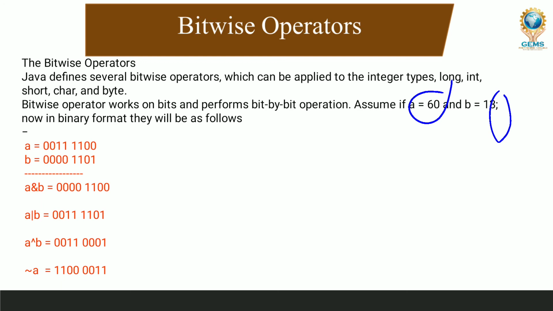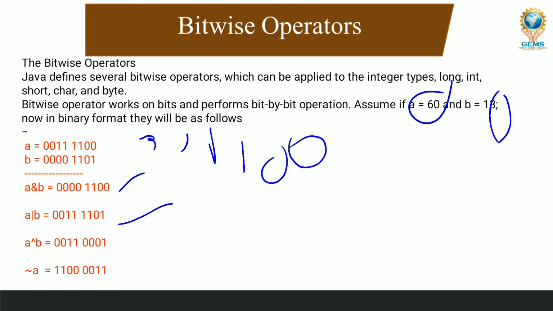Look here, I am using 60 and 13. Just apply the truth table. Using the AND operator, 0 1 gives 0, 0 0 gives 0, 1 1 gives 1. So when both are 1, only then we get 1, remaining are all zeros.